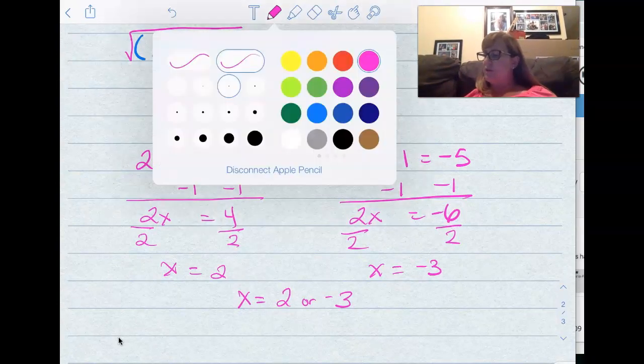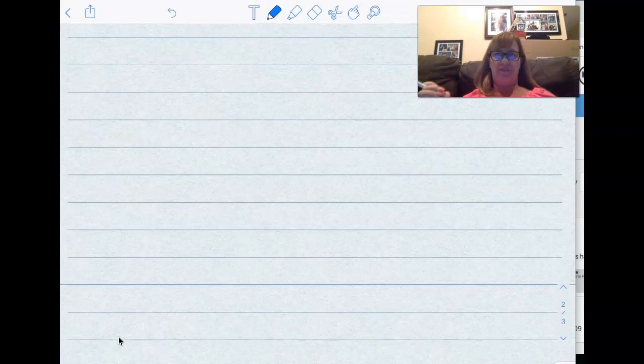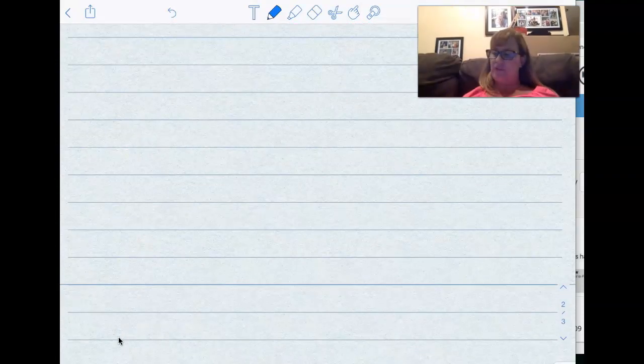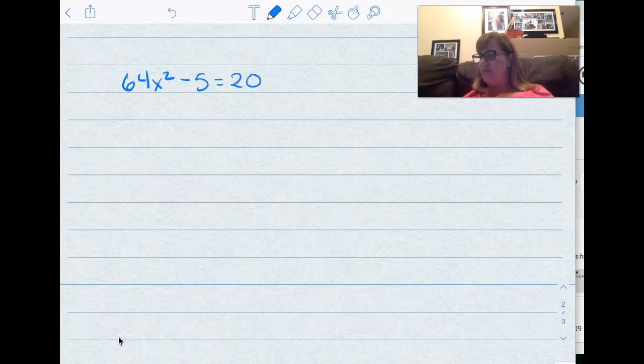Okay, so what I'm going to do now is I'm going to give you 2 examples to work. I want you to pause the video. I want you to try to work both of these and then restart it and see if you were correct. So first one I'm going to give you is 64x squared minus 5 equals 20.